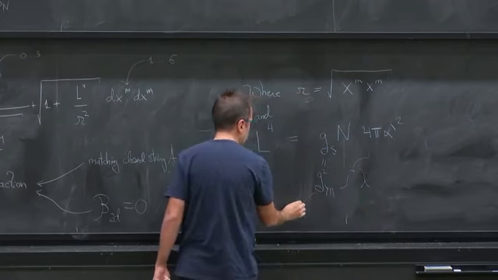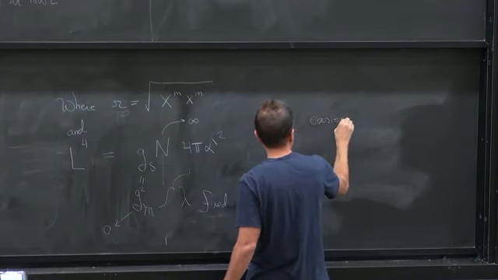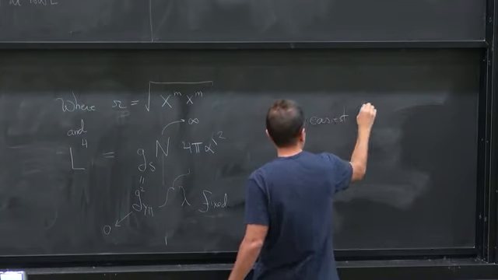Now you see here that this description, we can already anticipate that whatever is going to come out here is going to be easy to deal with for lambda much bigger than 1, which would mean that L is large.